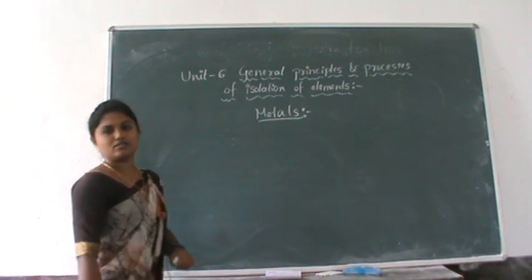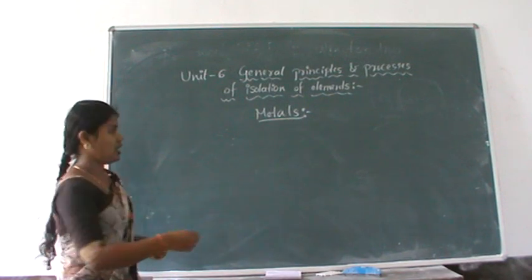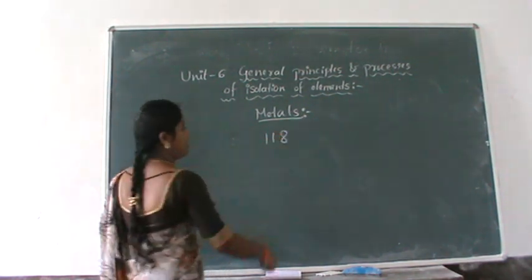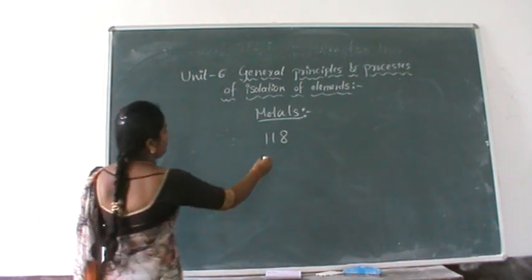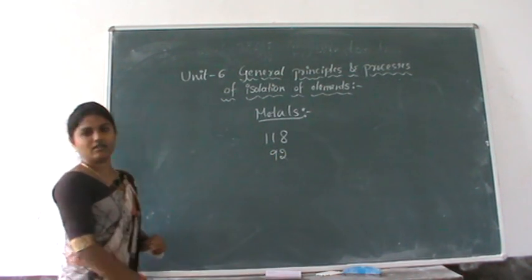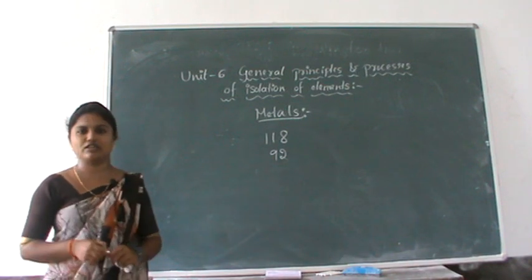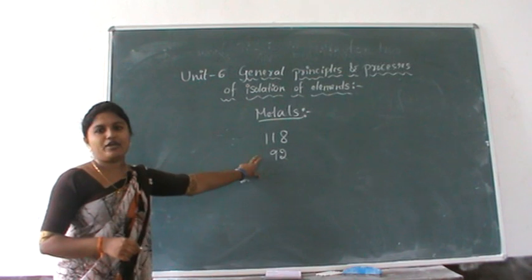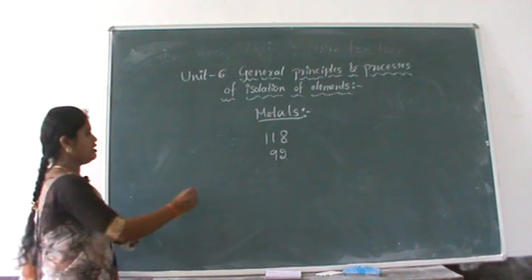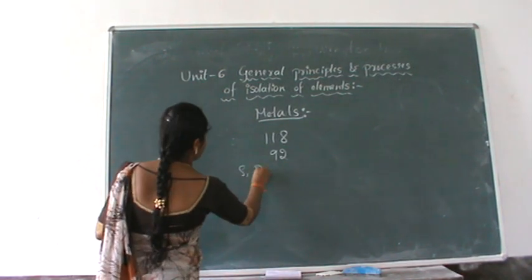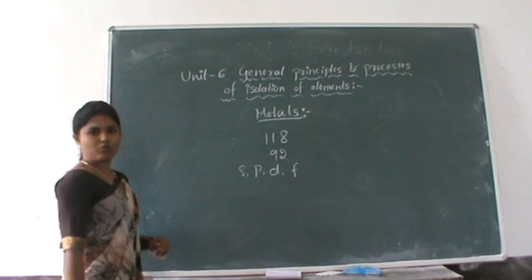Because in the periodic table, we can see so many elements. About 118 elements are there in our periodic table, out of which 92 elements are naturally occurring and the other elements are artificially made. In the periodic table, they have divided the elements into S, P, D, and F blocks.